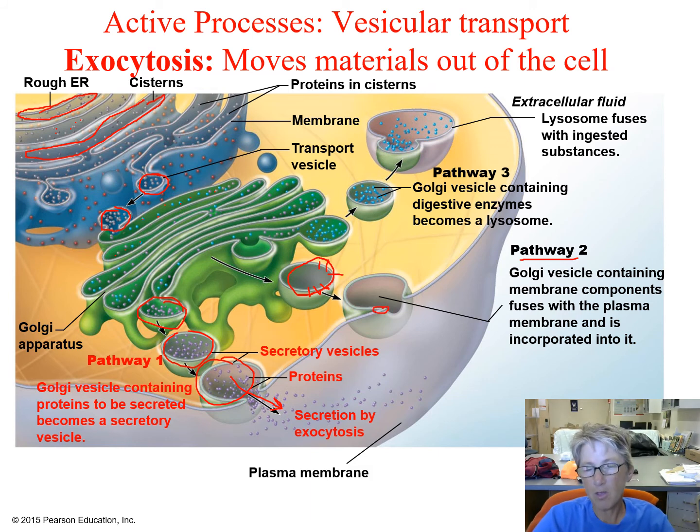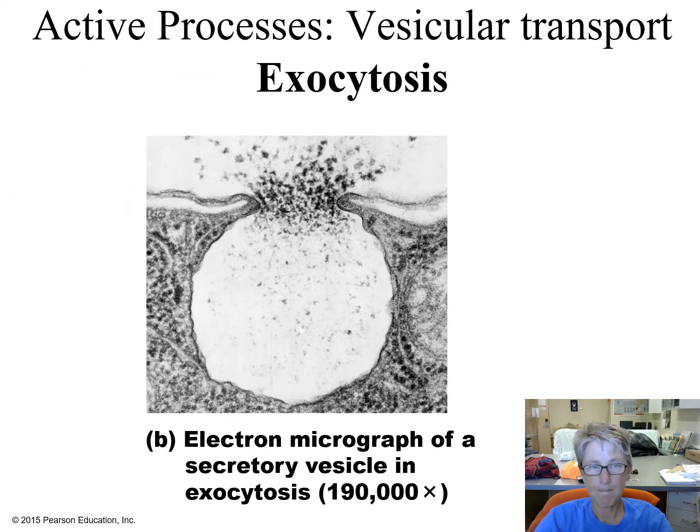You can see you have fusion of the Golgi vesicle with the plasma membrane here, and then this will eventually straighten out, and you'll have your fused Golgi membrane with the proteins sticking in the membrane, and now it's part of the plasma membrane. And then pathway 3, the Golgi vesicle could go this way with all its proteins and digestive enzymes, and those digestive enzymes in the Golgi vesicle would fuse with the lysosome, and now you put all those digestive enzymes into the lysosome.